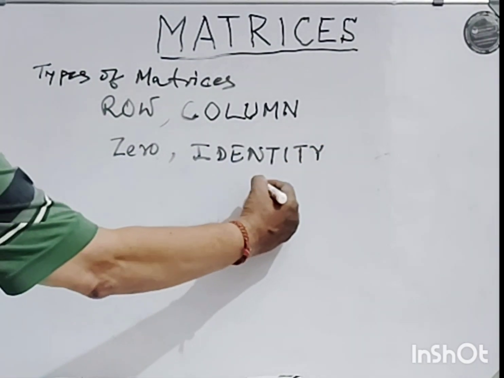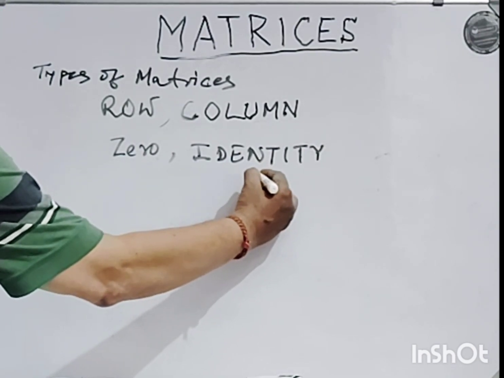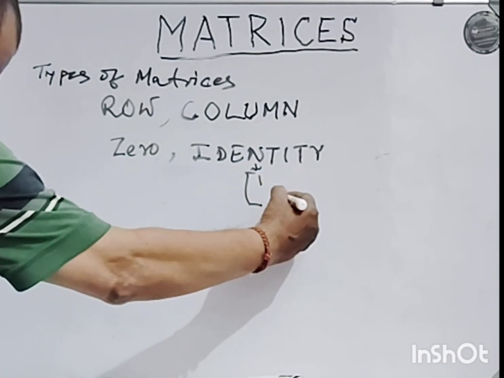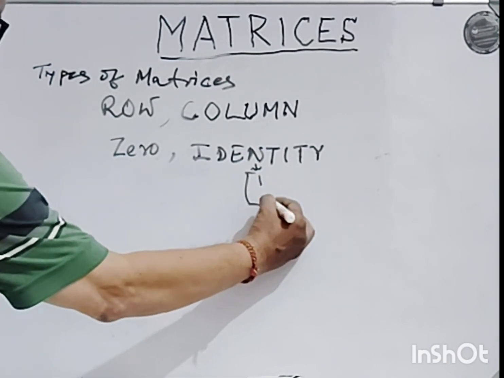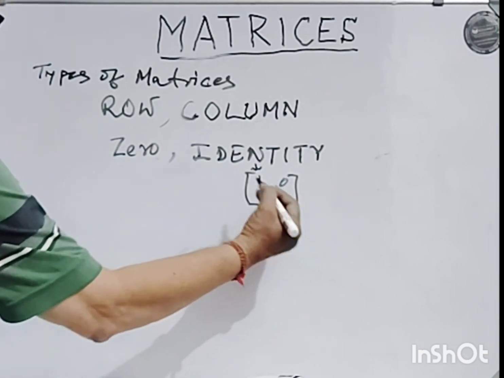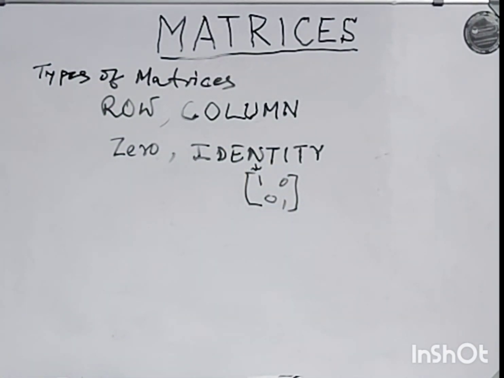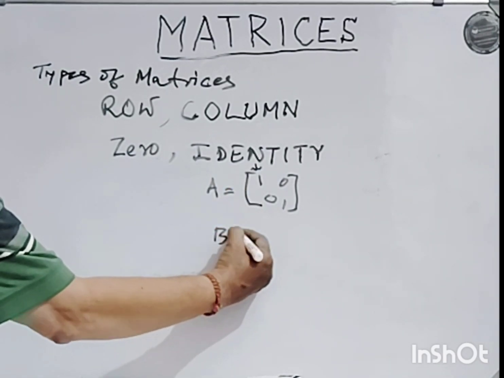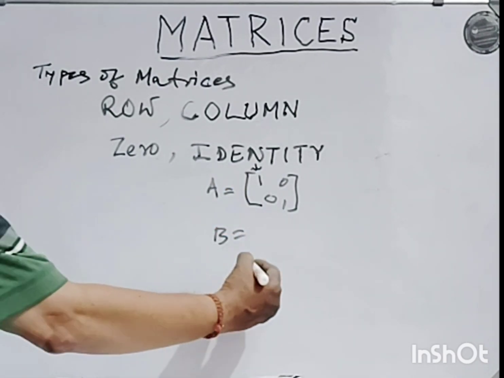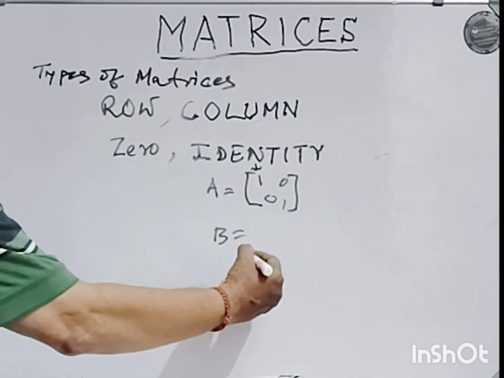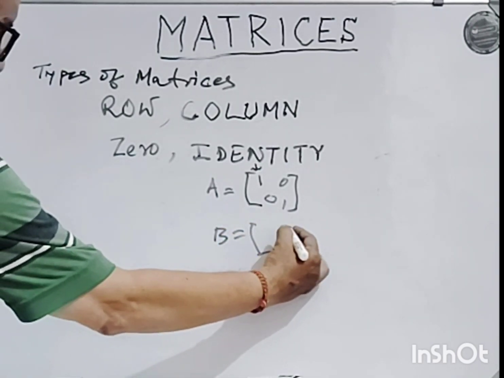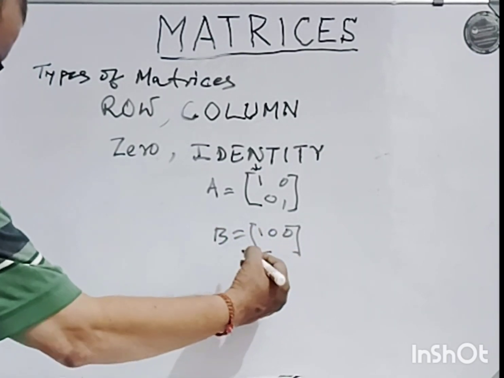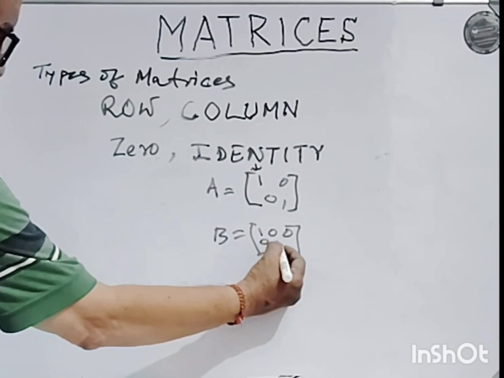Identity matrix is like this: 1 0 0 1. It is an identity matrix. You take A, B also you can take like this, of a different type: 1 0 0, 0 1 0.